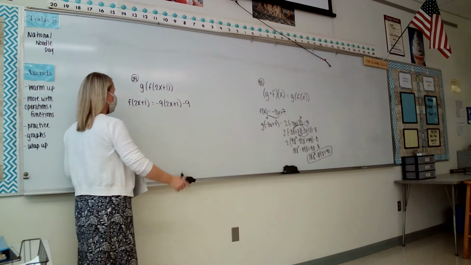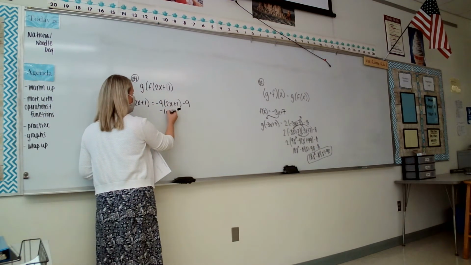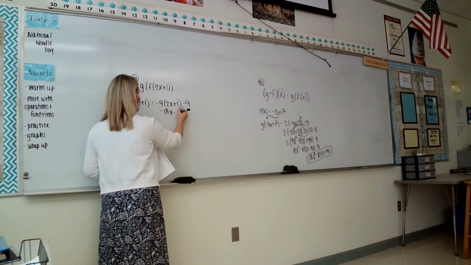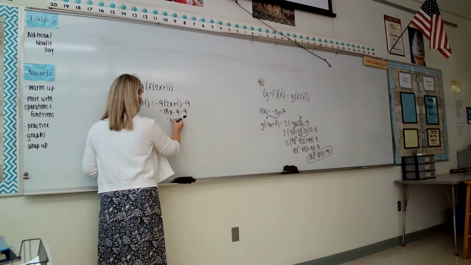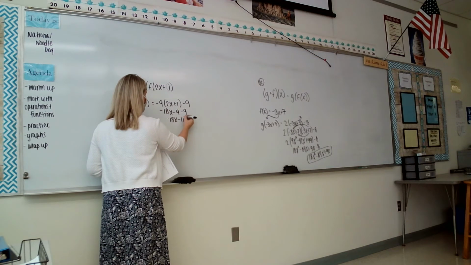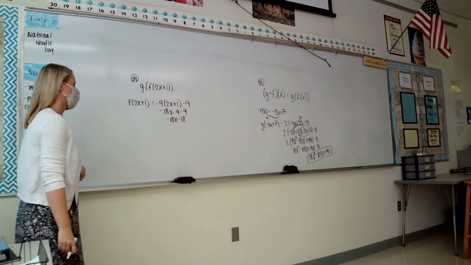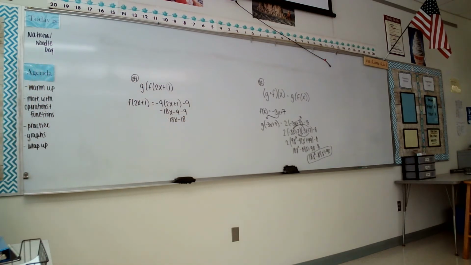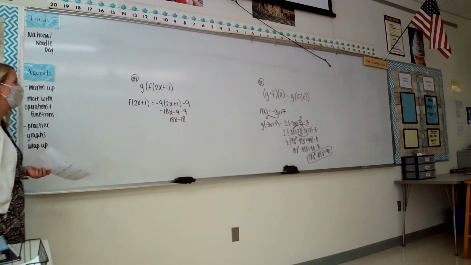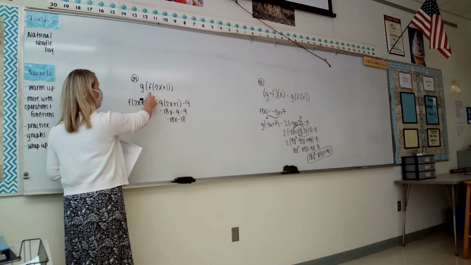Most of these have a little bit of simplifying, so you're just going to do your best here. Negative 18x minus 9 would be negative 18x minus 18. And once I say, well, I can't do much else, then you just go to the next step. And the next step is, we work our way out.